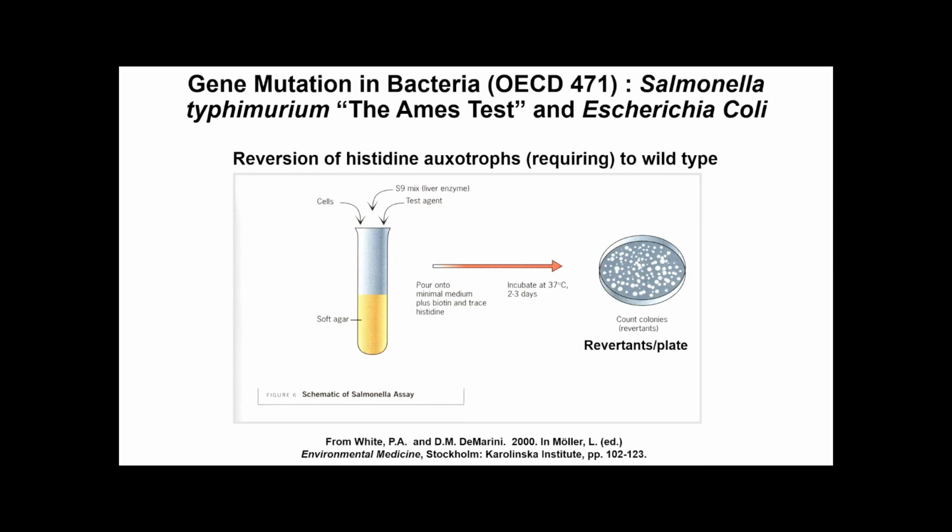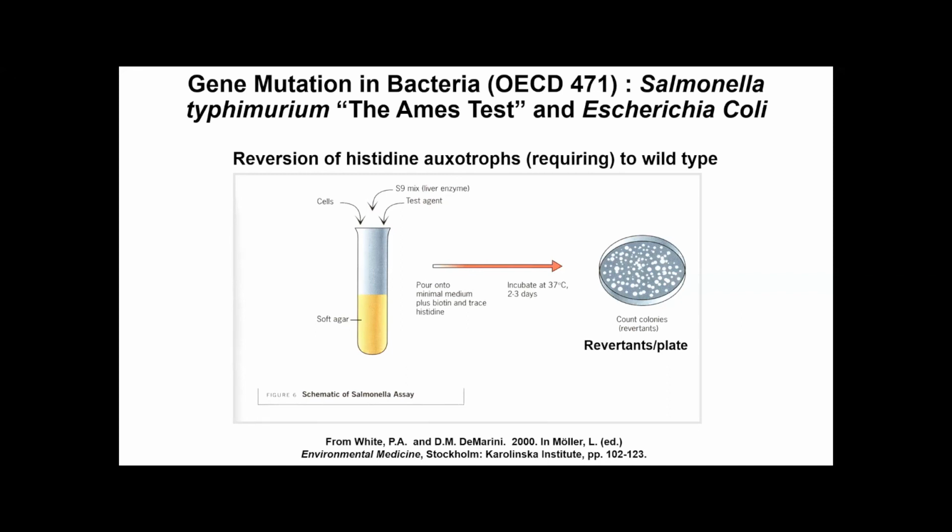And it's kind of remarkable that a test that was developed in the late 70s, '78, '80, was kind of when it took off big time, early 80s, that this test is still used today. And it's actually some remarkably engineered bacterial cells that enable this to happen. So what happens in the Ames test?